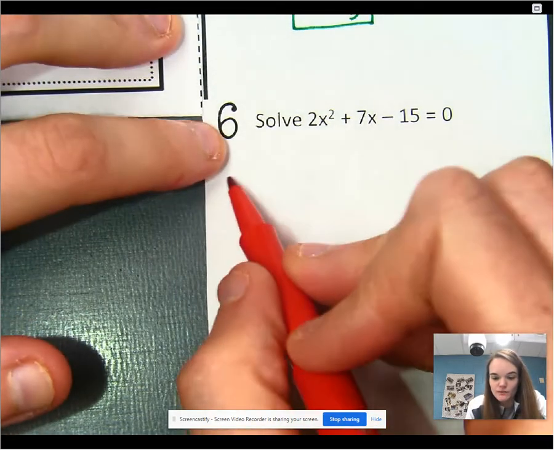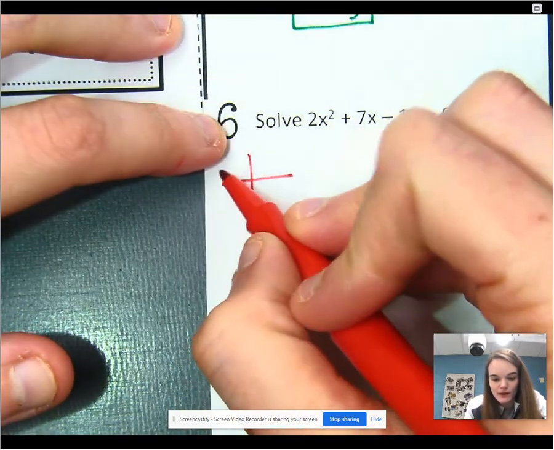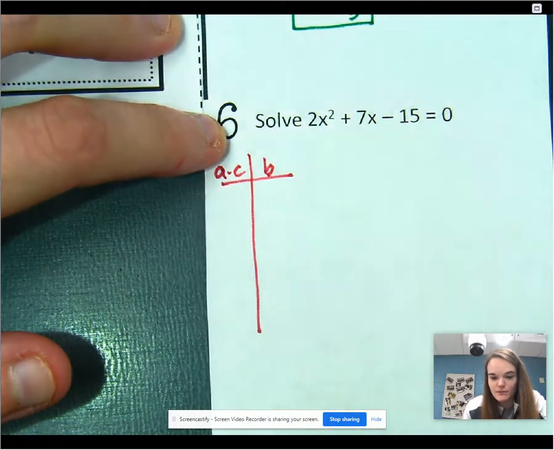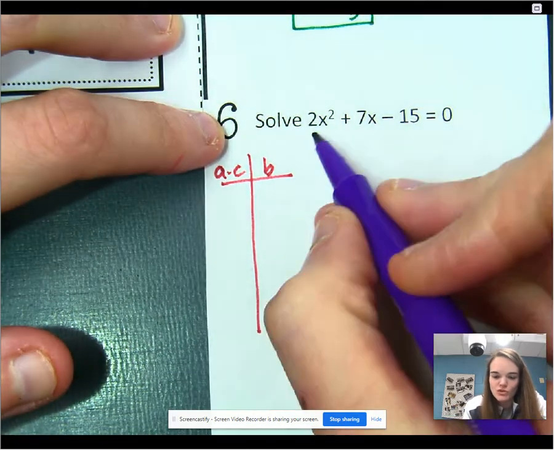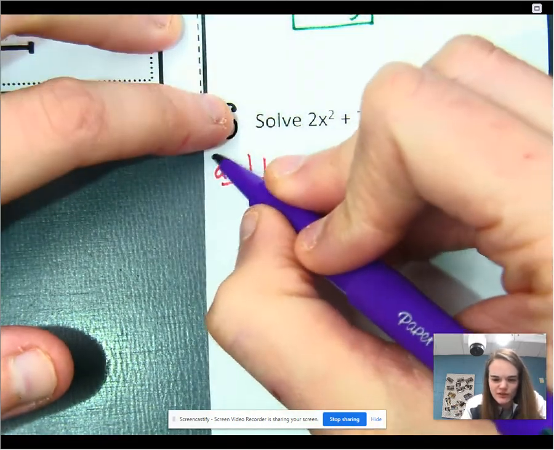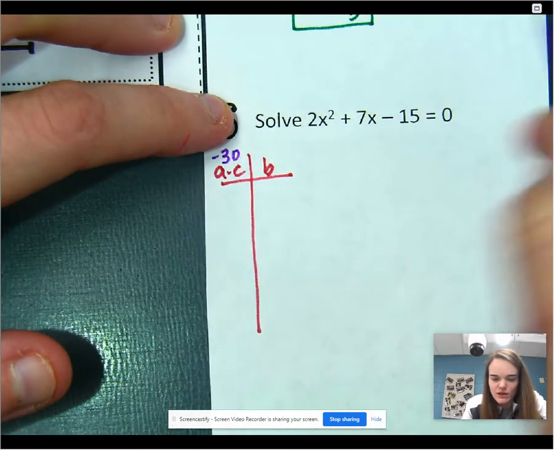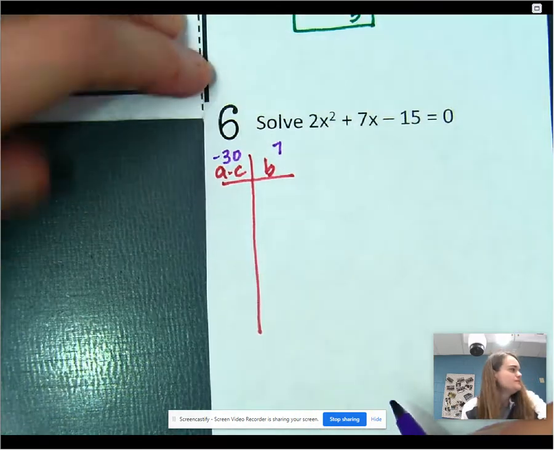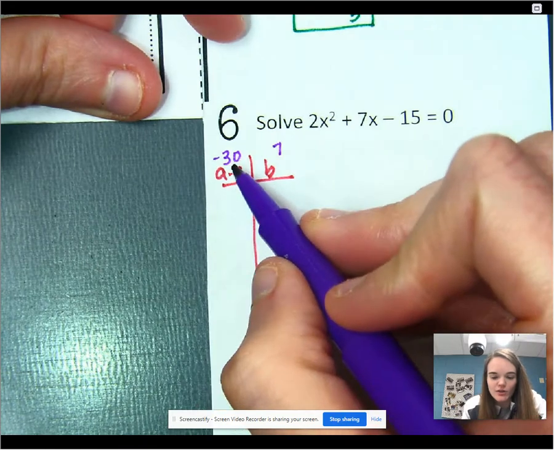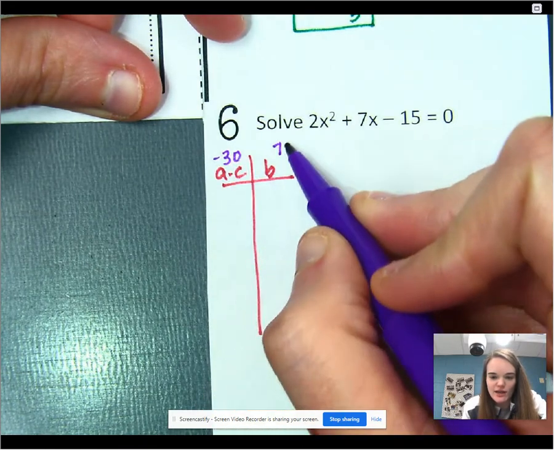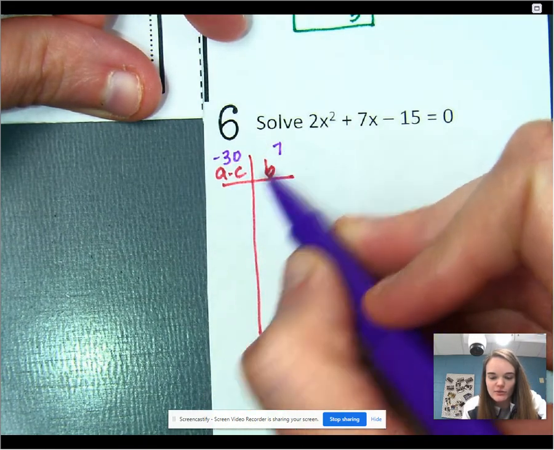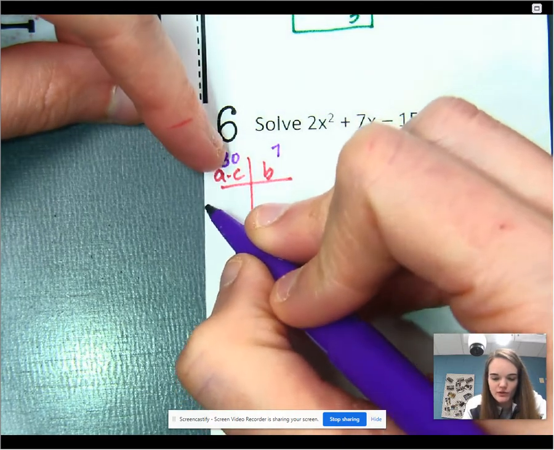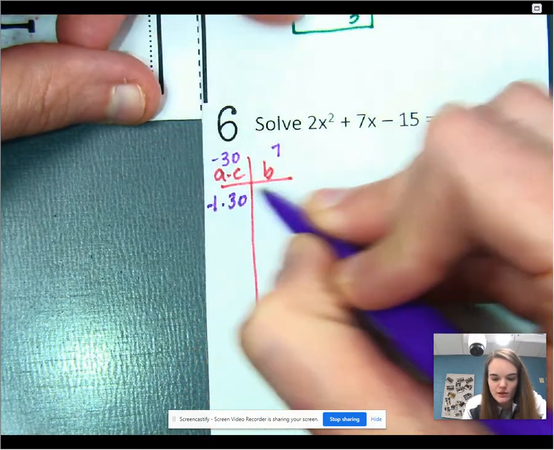We're going to make our chart. A times C and B. 2 times negative 15 is negative 30. And 7 is B. Okay, it's going to be one positive, one negative factor, and 7 is positive, so that means the larger number will be positive. So let's start with 1 and 30.